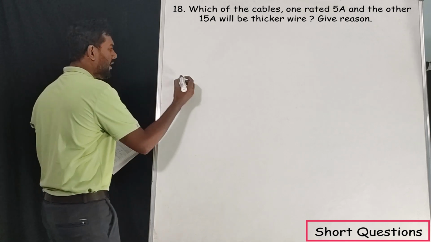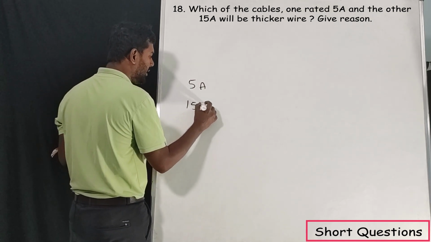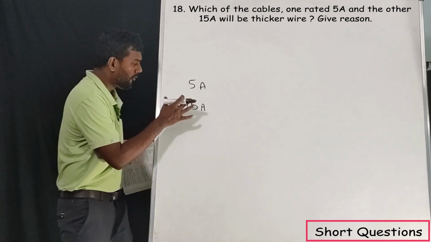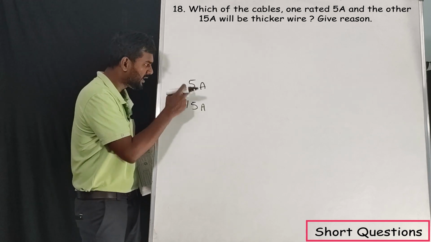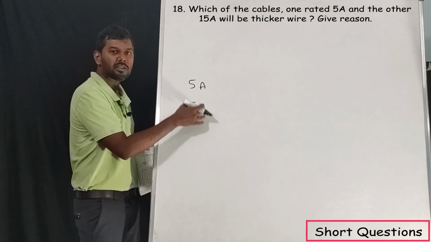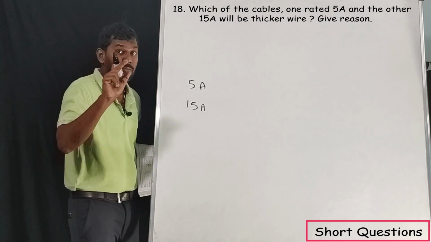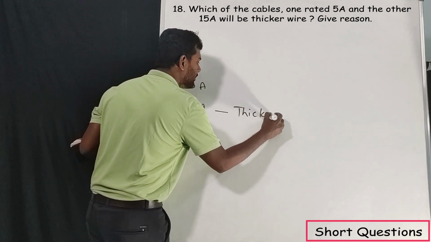Our next question: of the cables, one rated 5 amperes and the other rated 15 amperes, which is thicker? Whenever the current is more, keep this in mind, amperes is nothing but the unit of current, that wire will be thicker. So this will be thicker.